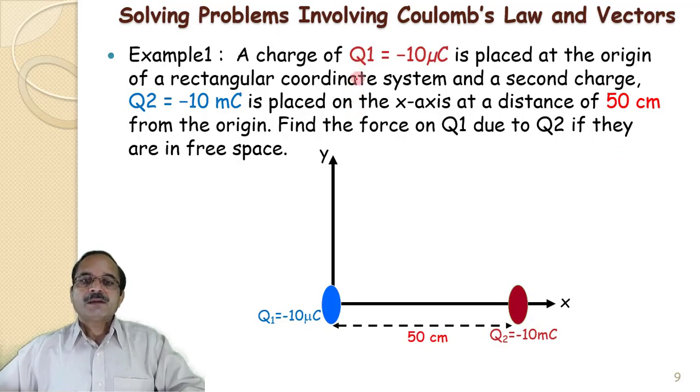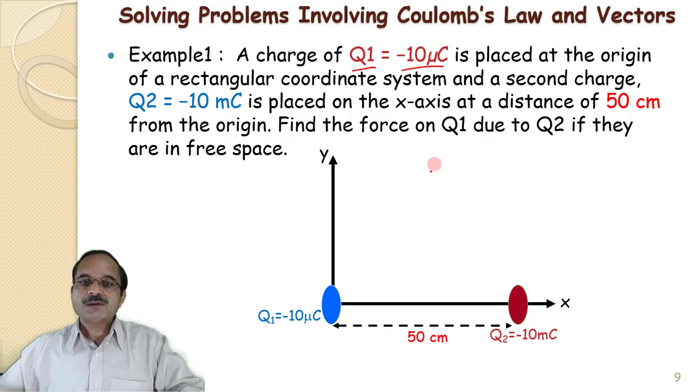Now let us solve this problem. There is a charge Q1 having a value of minus 10 microcoulomb placed at the origin in a rectangular coordinate system, and a second charge Q2 of minus 10 millicoulomb located at a distance of 50 centimeter from the origin.